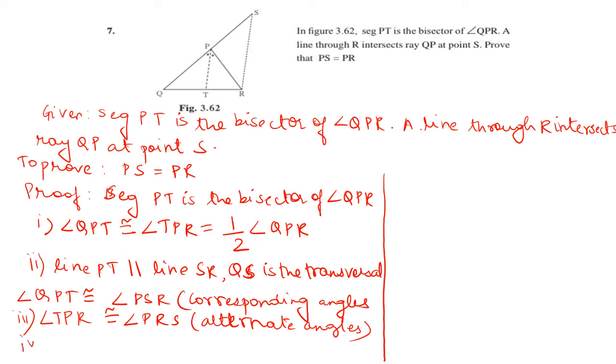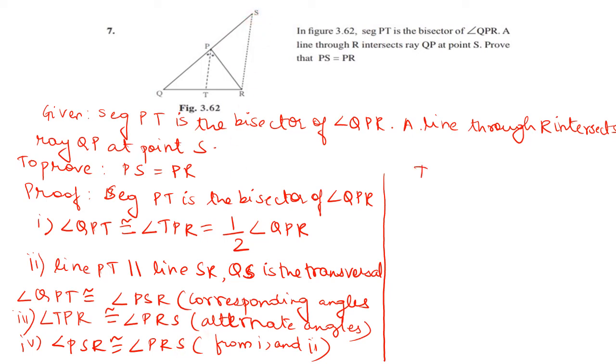Okay, so we can write angle PSR is congruent to angle PRS from 1 and 2. So now we have proved that angle PSR is congruent to angle PRS, correct? So now as the angles are congruent, both the angles of the triangle are congruent, we can say that PR is congruent to PS by the converse of the isosceles triangle theorem.